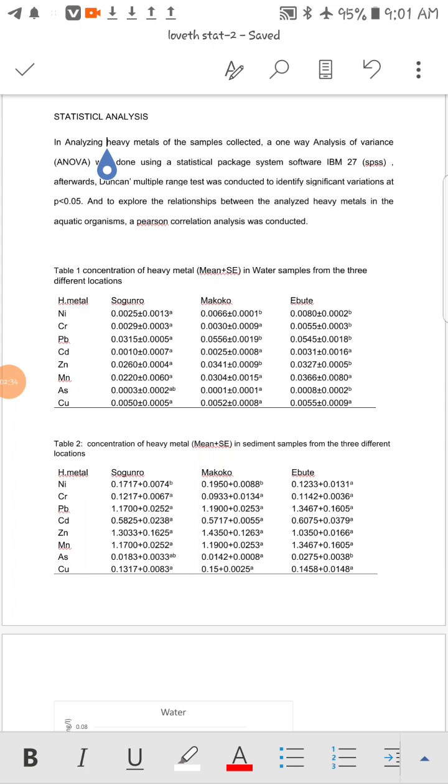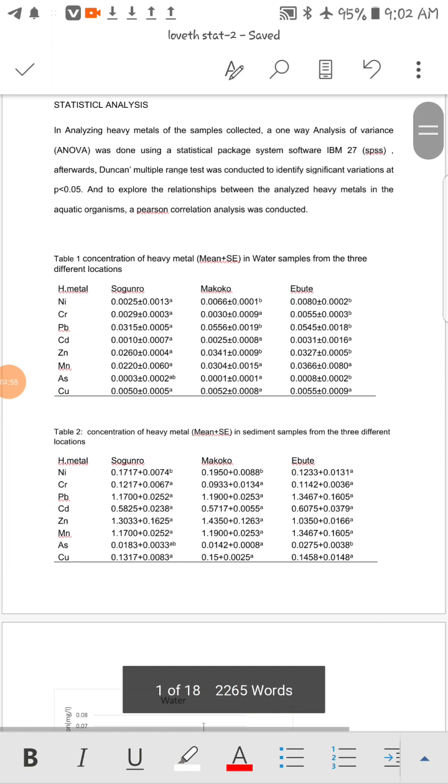You explain it horizontally because you are explaining each heavy metal across the three locations. Don't forget, the heavy metals across three locations. The same thing goes for the water parameters, which are explained across the three locations. When we get there, I'll show you also.